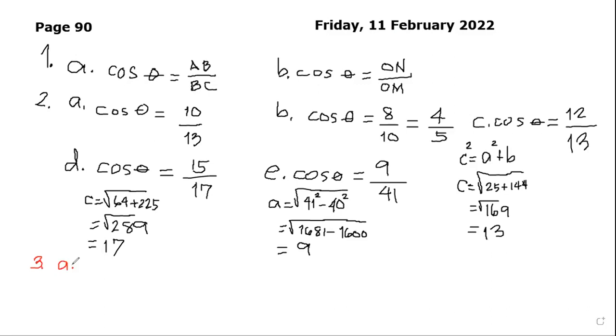So letter A, cosine is 2/5 equals adjacent side x over hypotenuse 15. So you have there 5x equals 30 and x equals 6. So 6 cm.